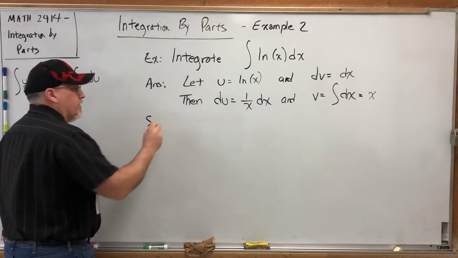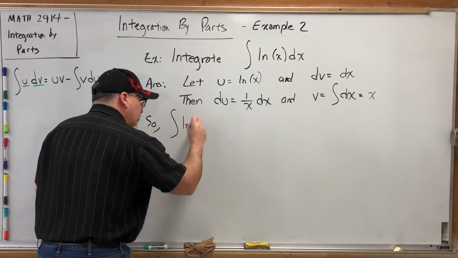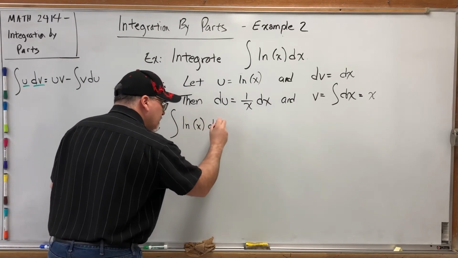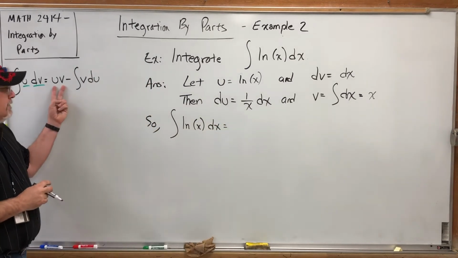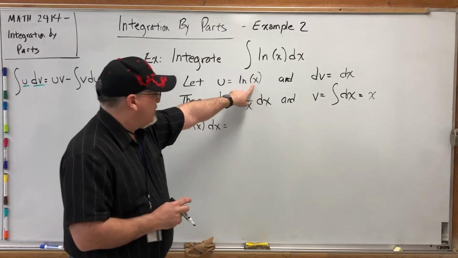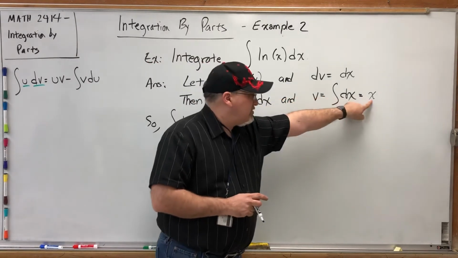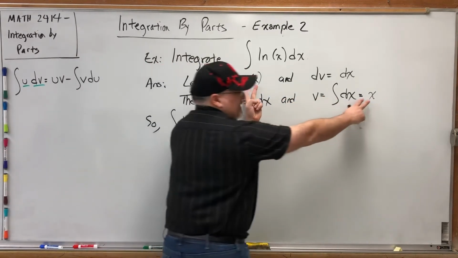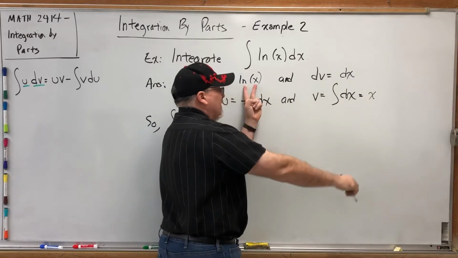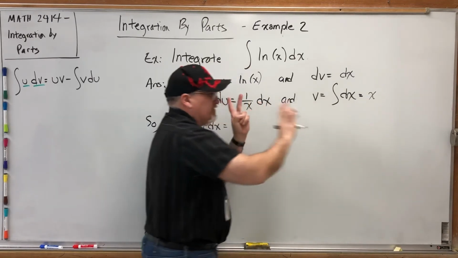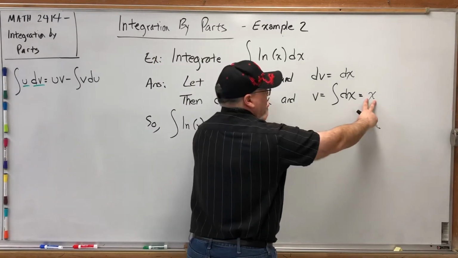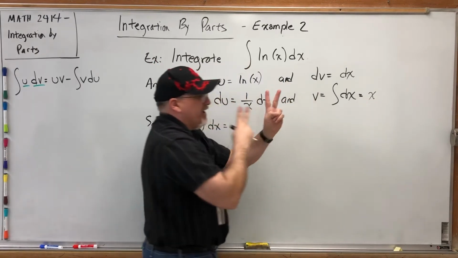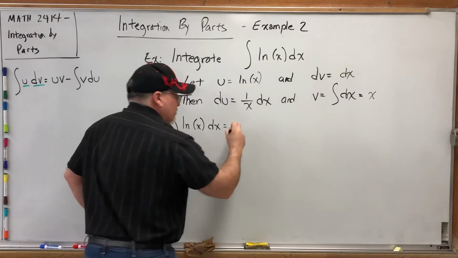So, the original integral, the natural log of x dx, is equal to u times v. u is natural log of x, v is x. So if we multiply u times v, we get natural log of x times x. But don't ever write stuff after a natural log if you can avoid it. As a multiplication problem, it would be cleaner if you put the x in front of the natural log of x.